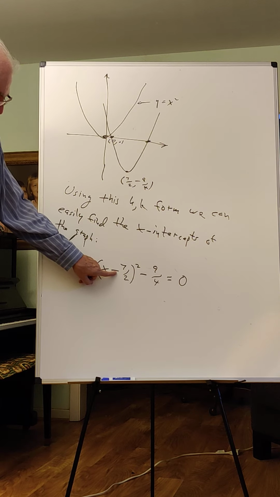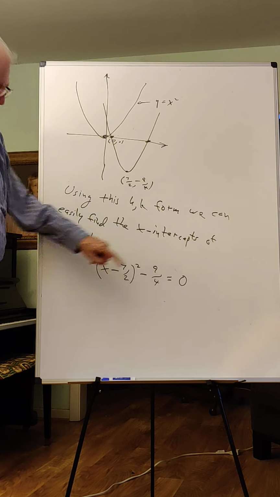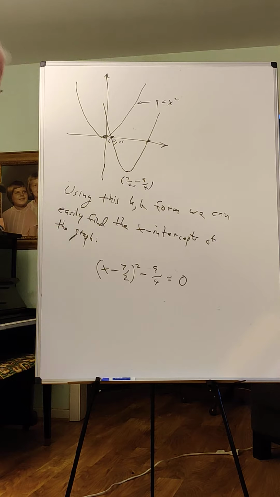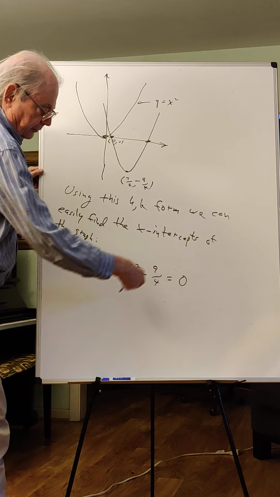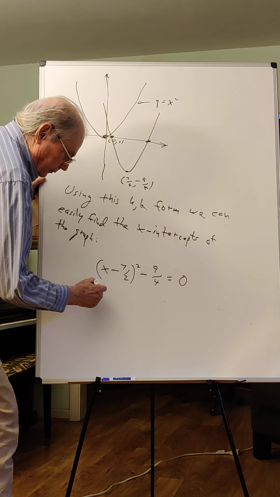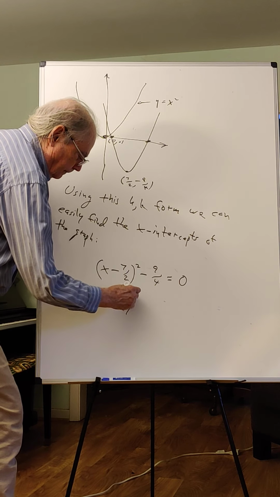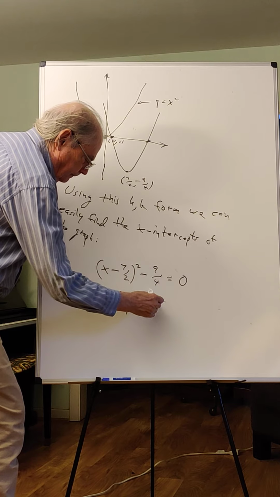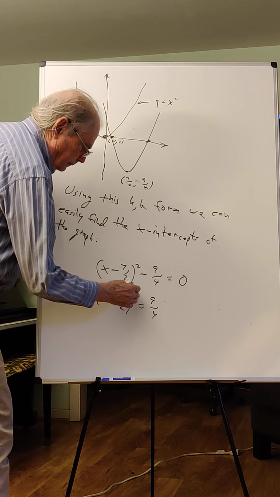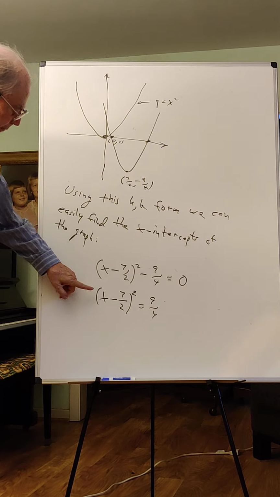First, you would subtract 7/2, then you would square the difference, then you would subtract 9/4. Reverse those steps. The third step was subtract 9/4, so add 9/4 to both sides. Now take the square root of both sides.